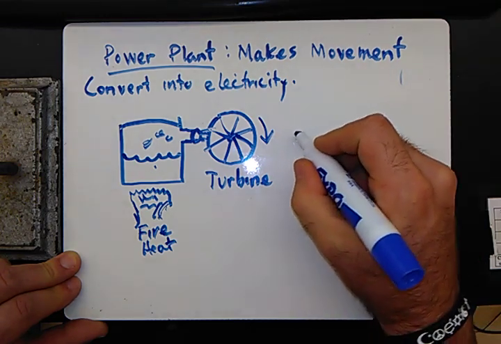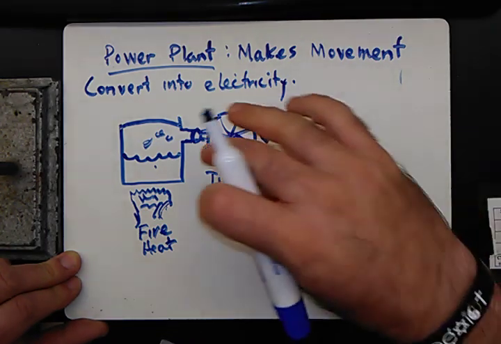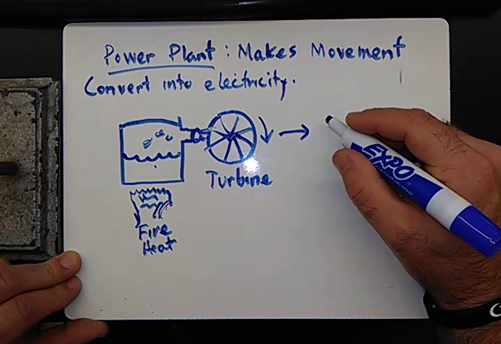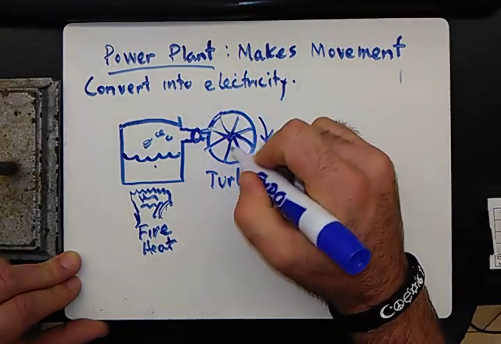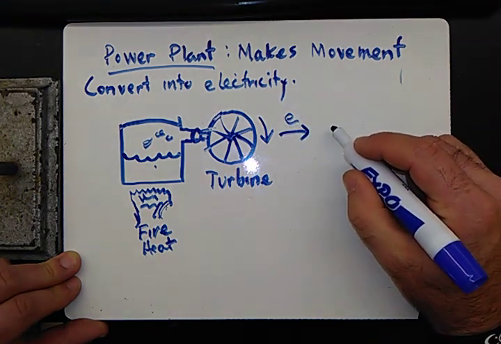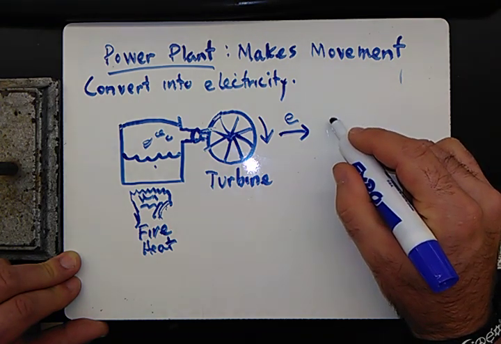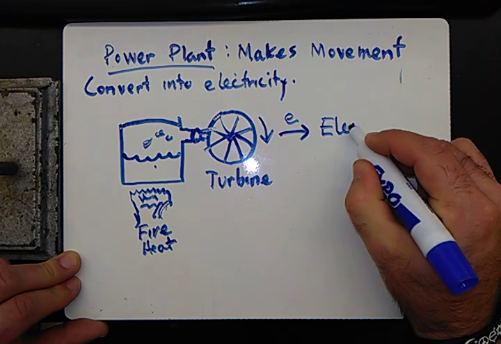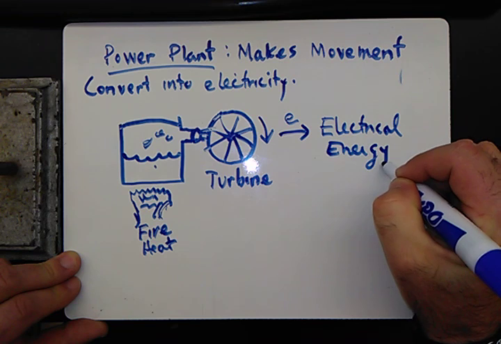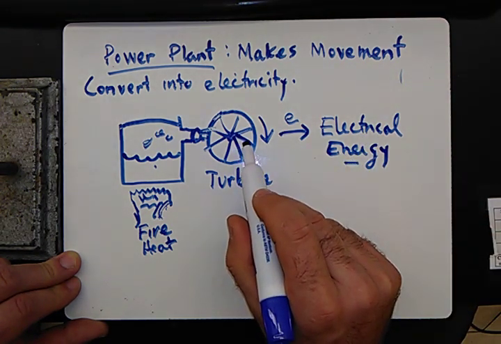Now the turbine, and we'll get into detail in the physics section, takes mechanical energy and converts it with magnets. This is a coil of wire that goes through magnets, and it converts it to electrical energy. So this allows you to get electrical energy from a moving turbine.